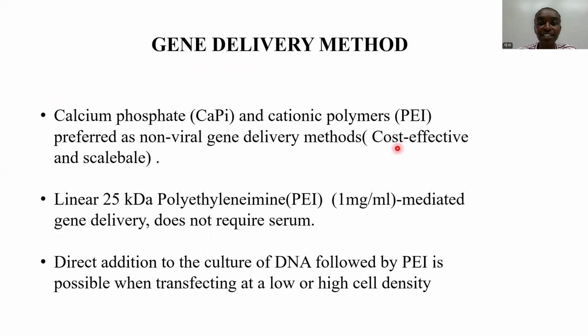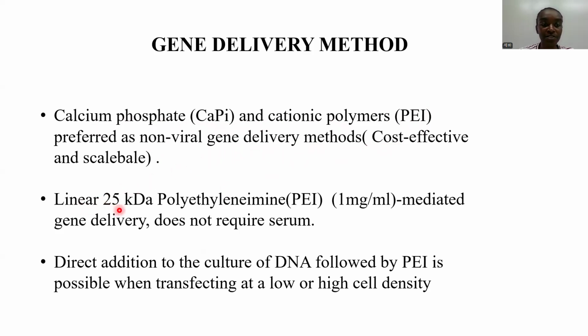In terms of the gene delivery method, the most cost-efficient methods available right now are the use of calcium phosphate or the cationic polymers, commonly polyethylenimine. Especially this one is preferred as it's a non-viral gene delivery method that is not only cost-effective but scalable.